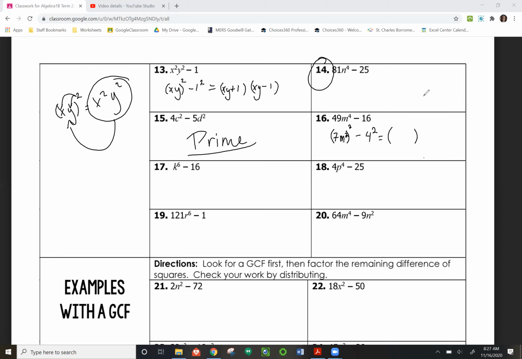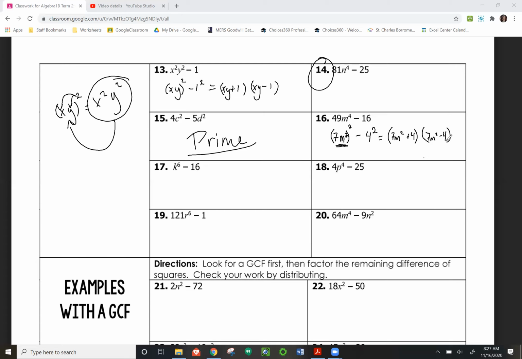So let's go ahead and do this. What is my first term? My first term is everything inside that parentheses: 7m squared plus 4, and 7m squared minus 4. So that one was a little trickier for sure. k to the 6th. How do you think we can write that as a square? Think of the power to a power rule.